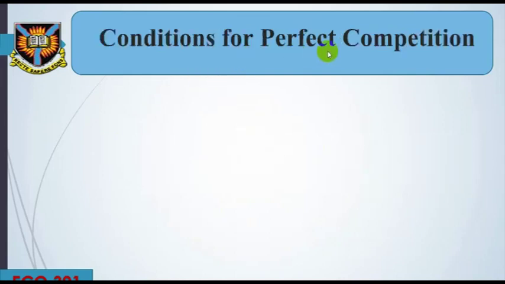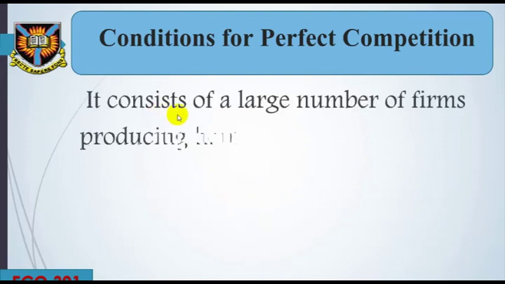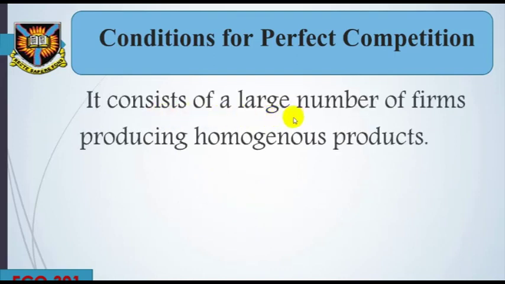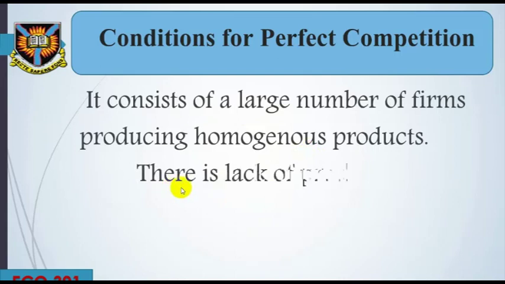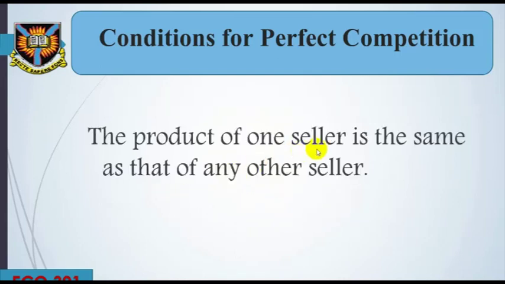Conditions for perfect competition. Perfect competition indicates a market structure characterized by the following conditions. 1. It consists of a large number of firms producing homogeneous products. There is lack of product differentiation. The product of one seller is the same as that of any other seller.